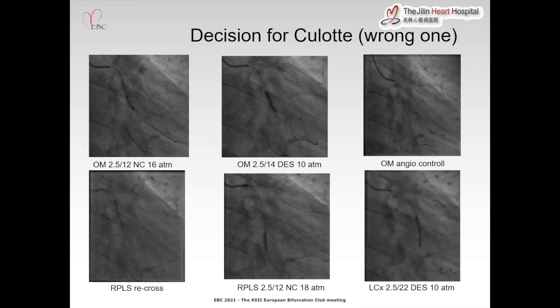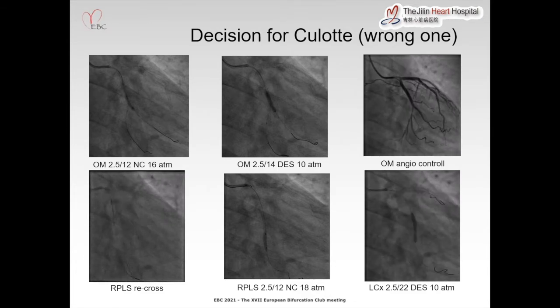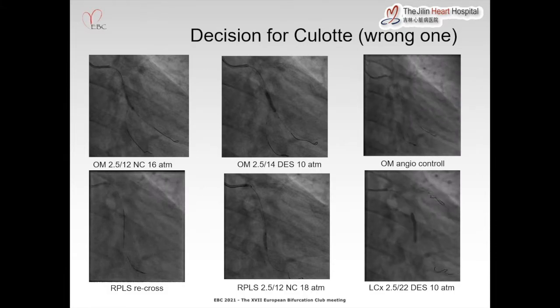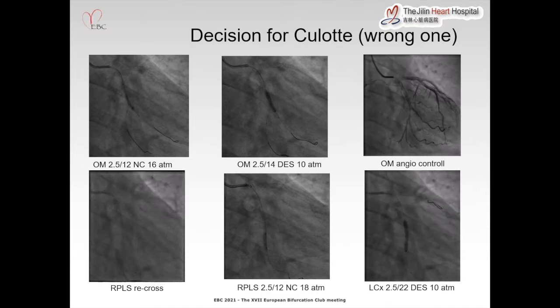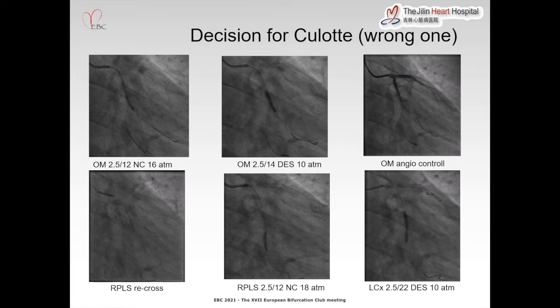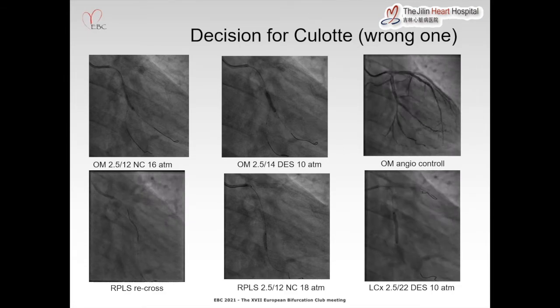They wired both branches, pre-dilated the OM, and implanted a 2.5 by 14 stent. Then this was the result, rewiring from OM to posterolateral. You see already some difficulties.